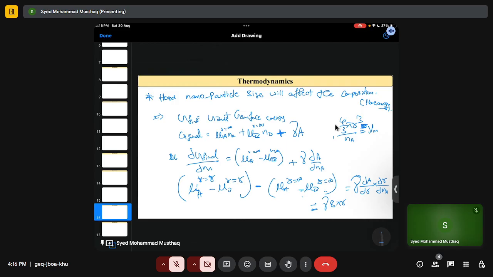Now, if I just differentiate, then it will be 4 pi R square dR upon dNA. Right. So, what do I need? dR by dNA, right? So then dR by dNA will be equal to Vm upon 4 pi R square. Cancel, 2 gamma Vm by R.